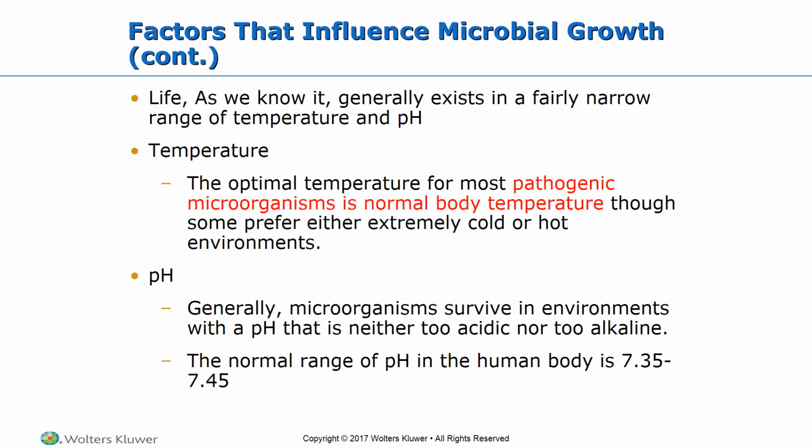There are some outliers in the depths of the ocean, but a fairly narrow range of temperature and pH. Now, temp, of course, lovely for pathogenic microorganisms. Normal body temperature is where they thrive. Okay, well, that's unfortunate for us because normal body temperature is where we thrive as well.